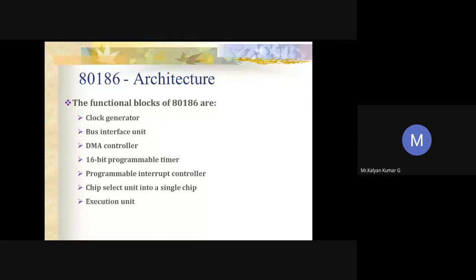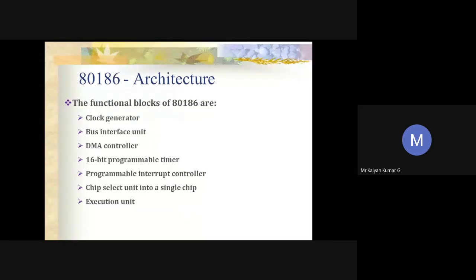So here I have listed the function blocks available in the 80186. Whatever blocks you saw have been listed. I think we have seven blocks. Starting from the clock generator, we have the bus interface unit, then the DMA controller, which is inbuilt.